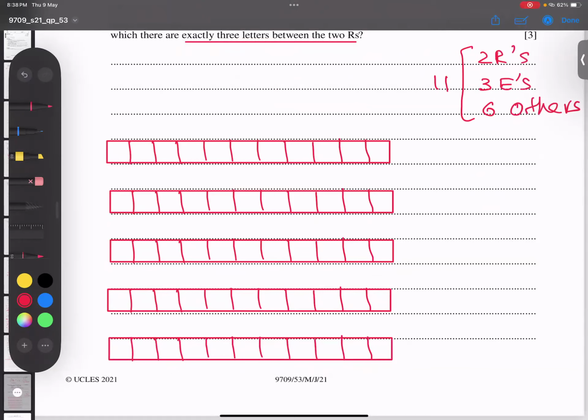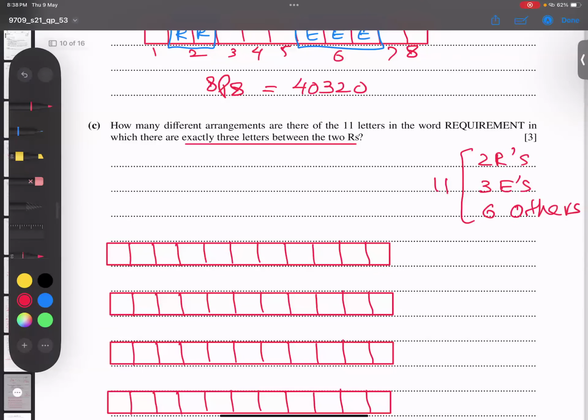Okay, let's start. The problem we are facing is that he said there are 3 values in the middle between the R's, but which 3 values is the question. Others can come in the middle, or the R's are gone because they block. So E's can come in the middle: 1 E, 2 E's, no E, or others.